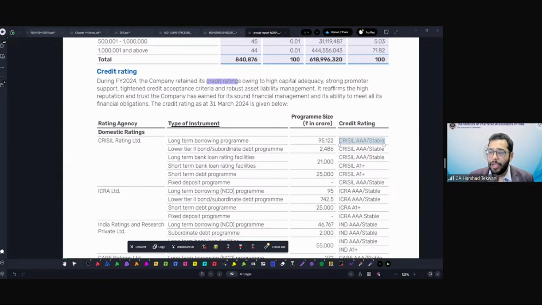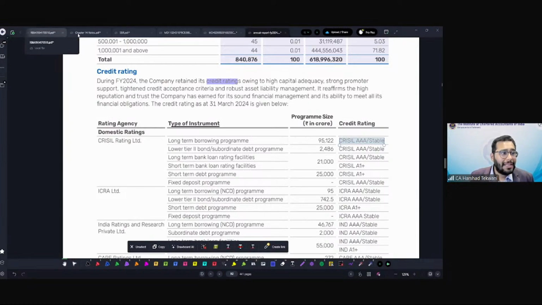Now, as we were talking about ratings, these ratings are necessary for deposits also. So the auditor has to report whether the ratings were obtained or not, that is, whether the public deposits accepted, or any scheme of public deposit, has a minimum investment grade credit rating or not.